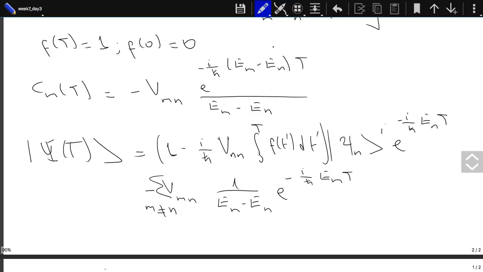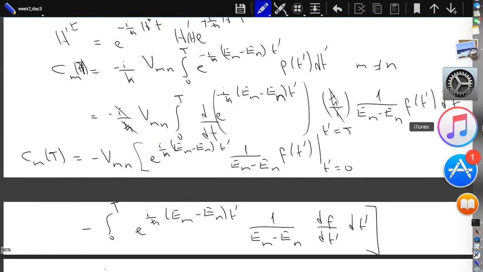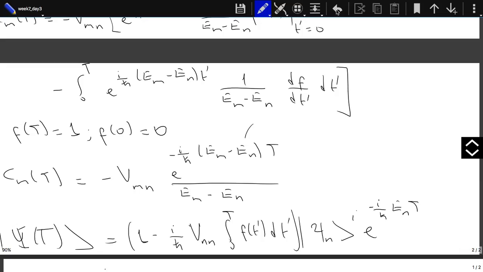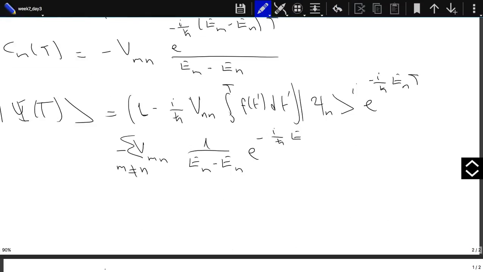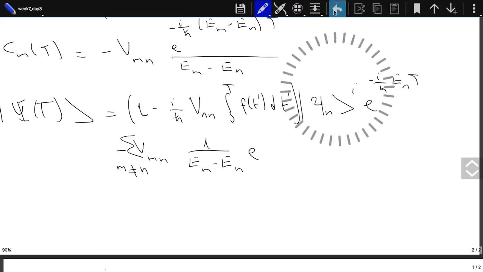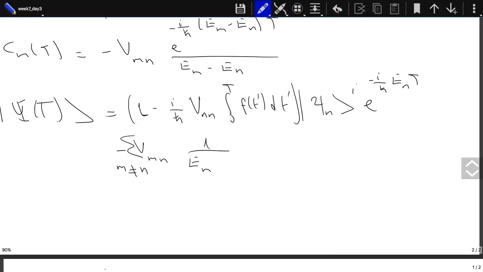Well, here, if you look above, there's also this En term. So this is, no, hold on, no, there's no minus sign. Now let me just keep Em minus En.